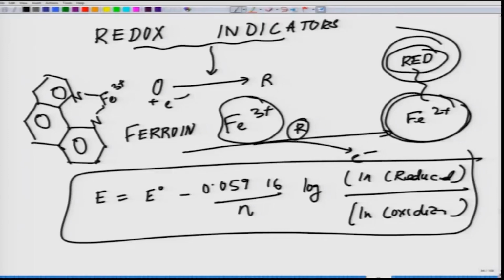And you could have many such situations where the Nernst equation could be used, and I am just giving you some of the examples which will help you realize that there are several ways you can do it. Similarly, you can do it using cerium, which has been done several times, Ce4+ and Ce3+.